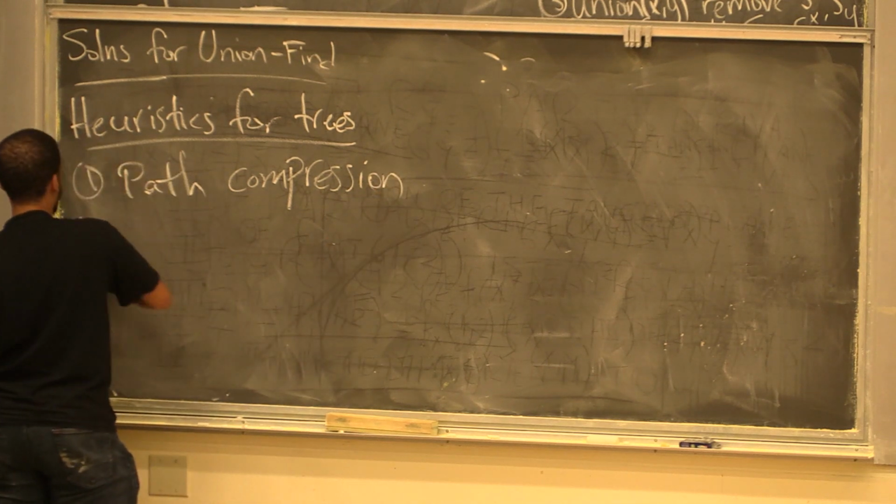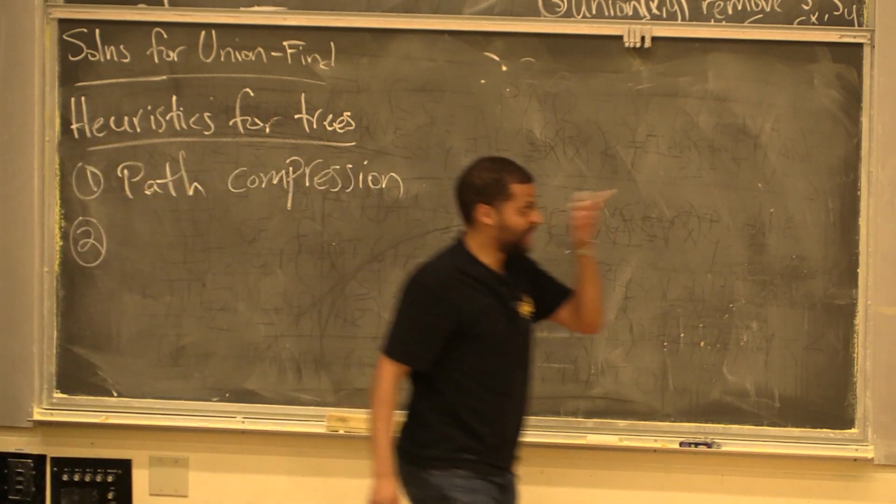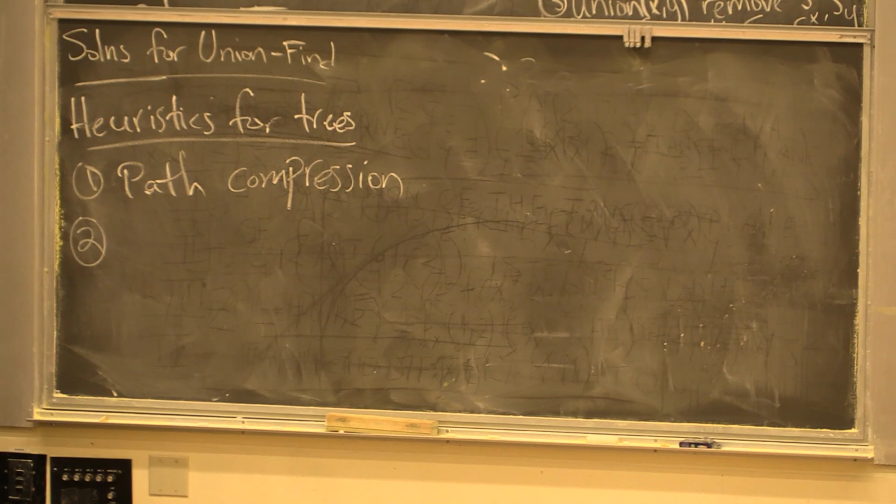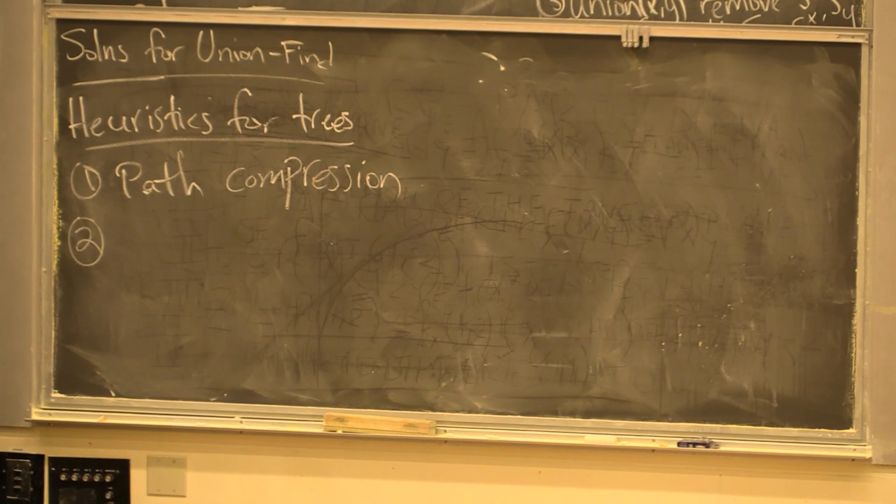And then the next one, we did this thing for linked lists where we did union by size, right? We took the smaller list and we made it point to the bigger list, right? And the reason we did that was because we would have to change fewer head pointers. So now the natural thing I would say is probably union by height, right?